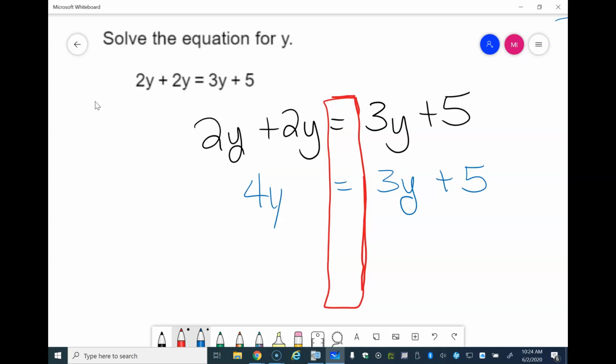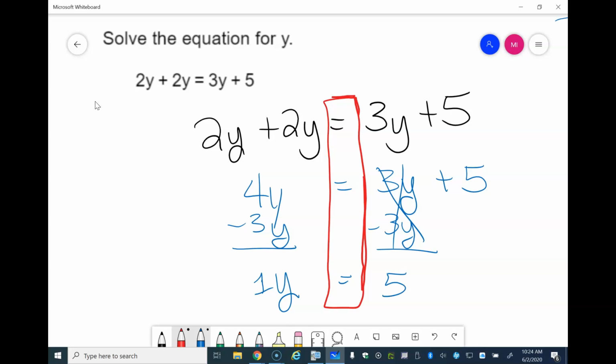So this is a positive 3y, so I'm going to do the opposite, which is a minus 3y. Again, these cancel, leaving you with just y on this side. This understood 1 in front is equal to, and what's left over is just 5 here. So we really don't need this 1. We know it's understood to be there. So the answer for this one is just going to be y equals 5.